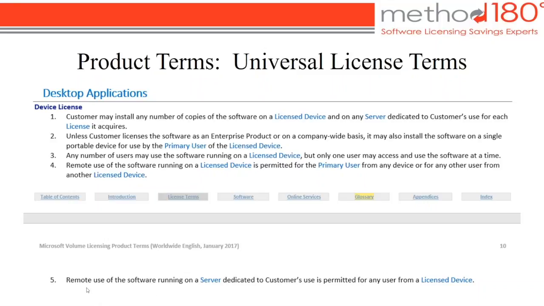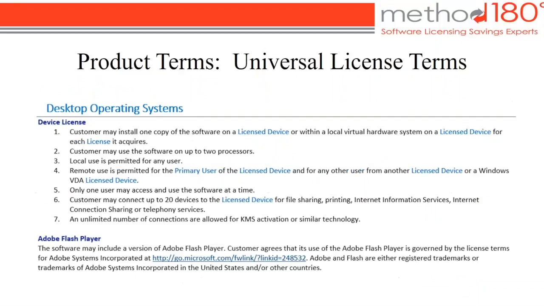And even in a remote scenario, where you're doing VDI scenarios, the device that's accessing the server needs to be licensed for Office. So again, the universal terms aren't going to help us much here. So let's see if the desktop OS gives us an opportunity to exempt. If you read through this, you're going to see that there's nothing here that talks about external use or any of that sort of stuff.